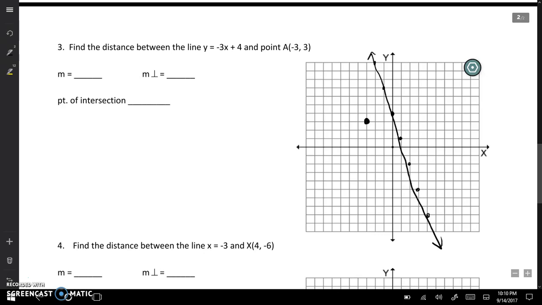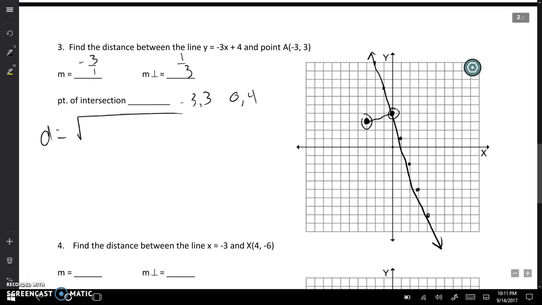The slope we had was negative 3 over 1. So the slope perpendicular to that is 1 over 3. So we're going to go up 1 over 3, and we want to find that distance right there. So from the point negative 3, 3 to the point 0, 4. Do the distance formula.